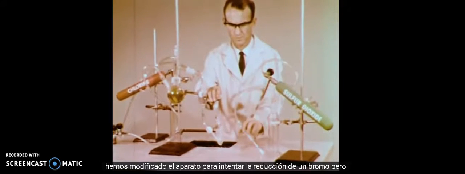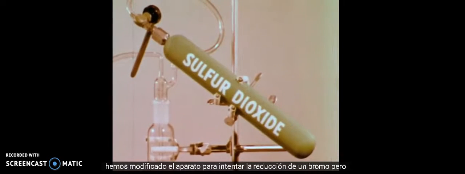We have modified the apparatus to attempt the reduction of bromine with sulfur dioxide. The compressed air is again turned on, and elemental bromine is blown out.